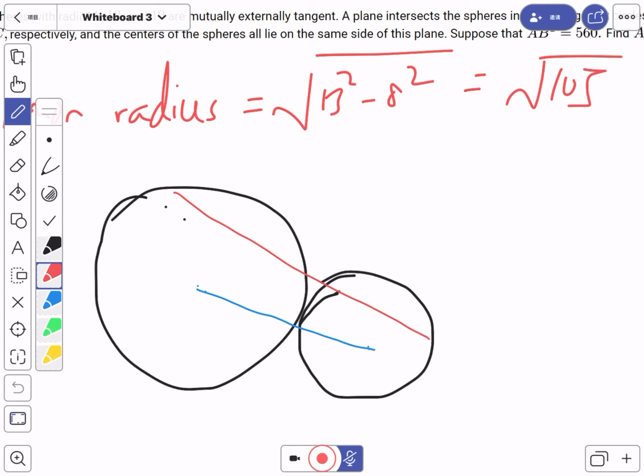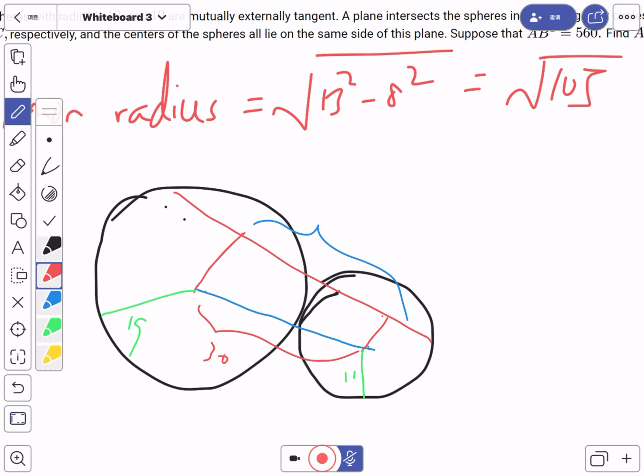These two radii are equal, so we can do the same thing as we did for the cross section of AB. We basically want to find this length. AC is when the radius of the small one is 11 and the radius of the large one is 19. This length is 30 because it's connecting the two centers.